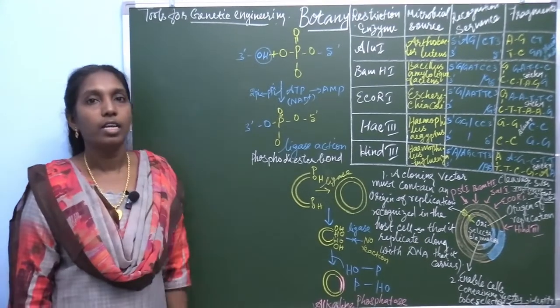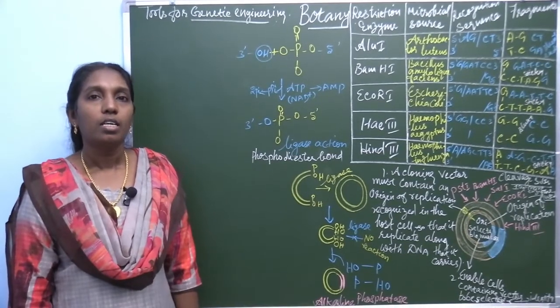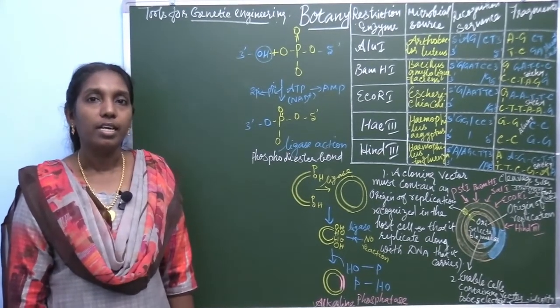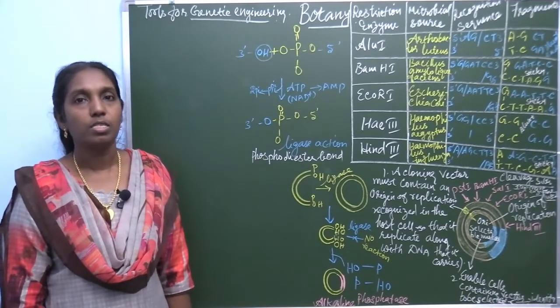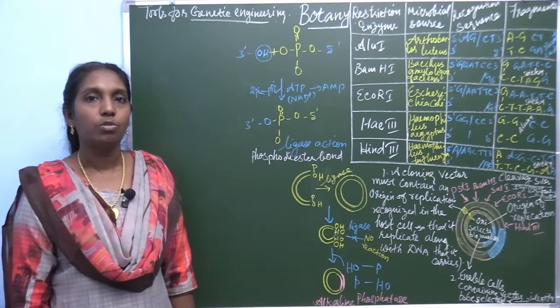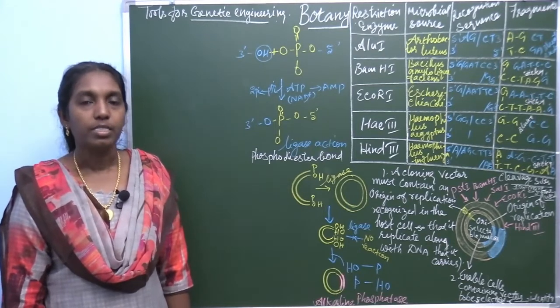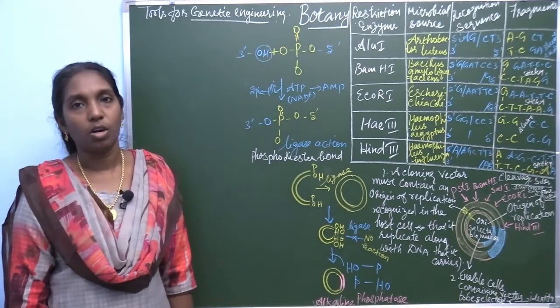Tools for genetic engineering. In order to generate recombinant DNA, there are some tools involved. The basic tools are enzymes, vectors and host organism.